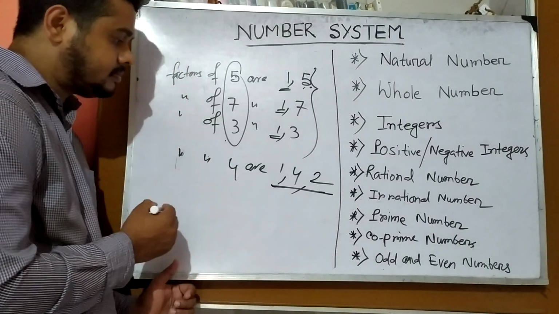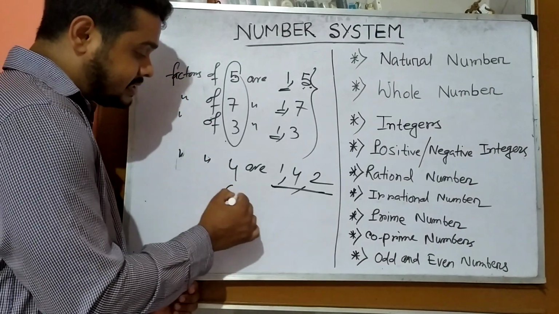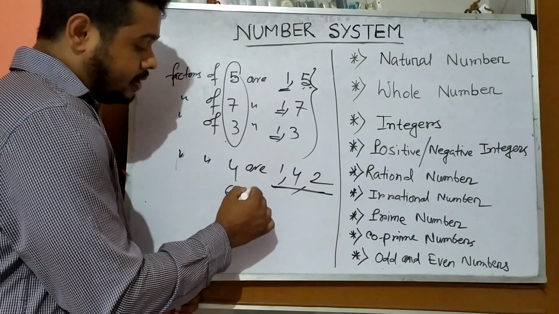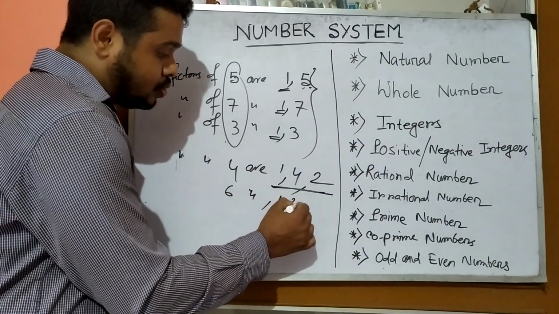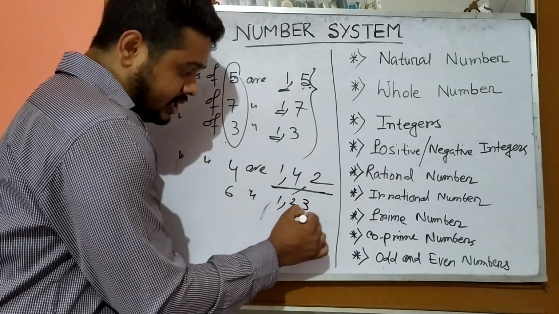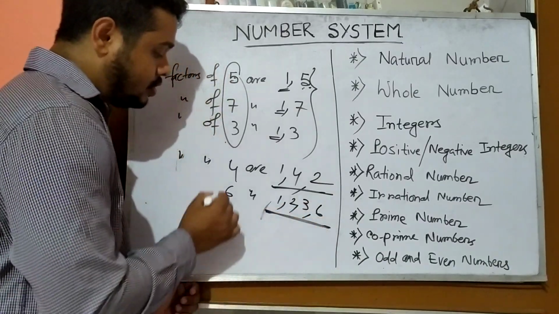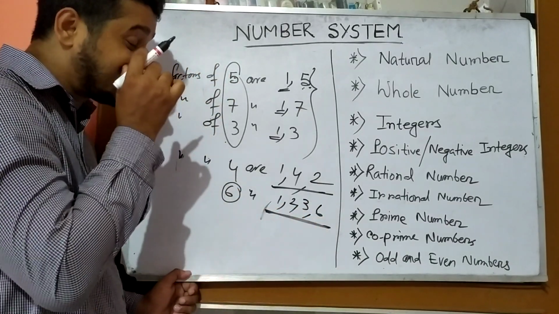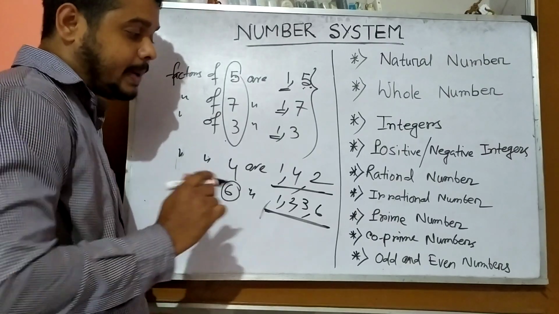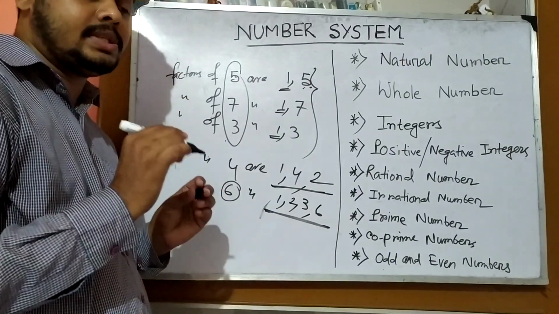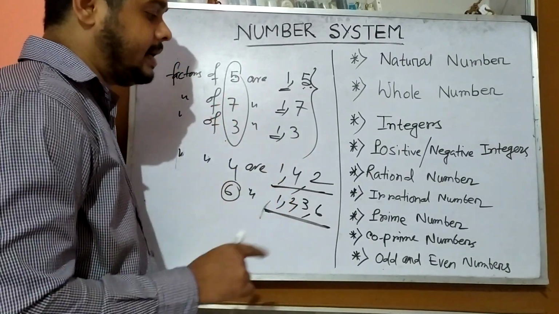Clear? Similarly, the factors of 6 are 1, 2, 3, 6. 4 factors are there, so 6 is also not a prime number.